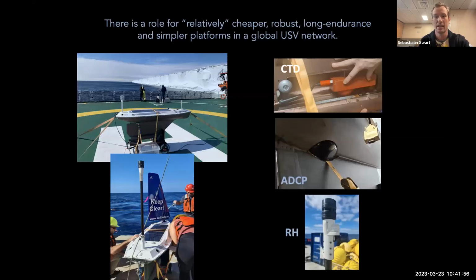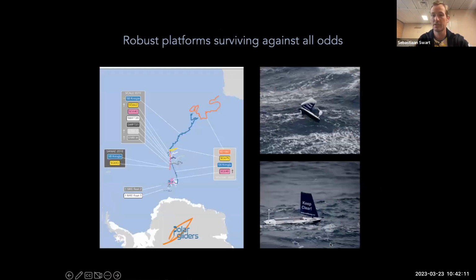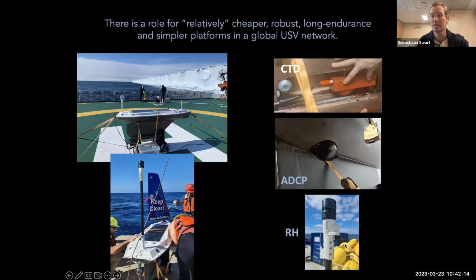This Sailbuoy has a CTD in it, an RBR Legato CTD in a bulb on the keel. We've got an ADCP, and a little MET sensor, which measures winds pretty well, but nothing else. What we added very recently is, for the first time, a relative humidity sensor, so that we can try to better constrain the turbulent heat fluxes from these USVs, even from a tiny platform like a Sailbuoy measuring just 1.5 meters above the sea surface.